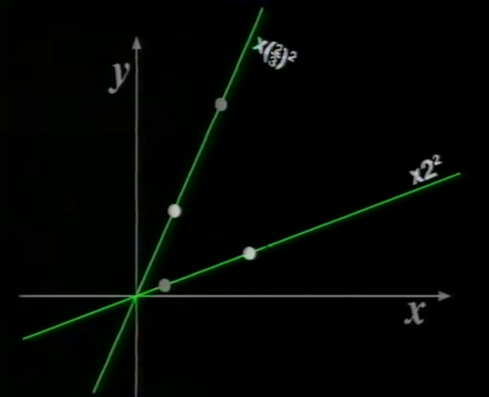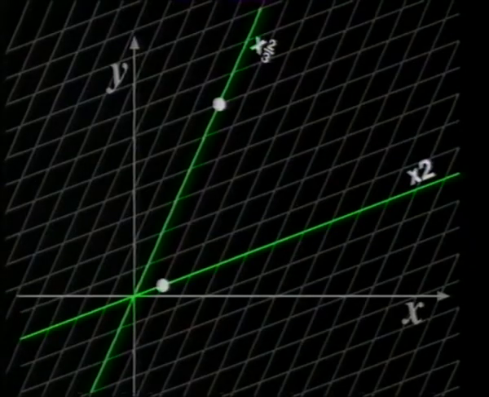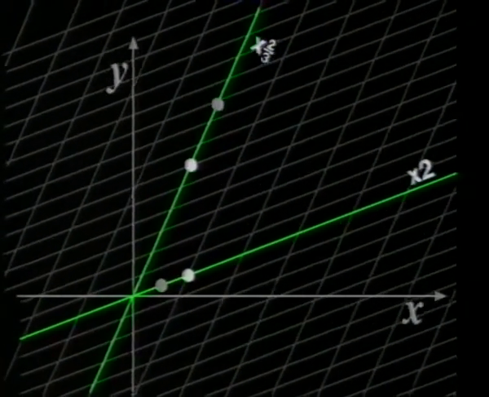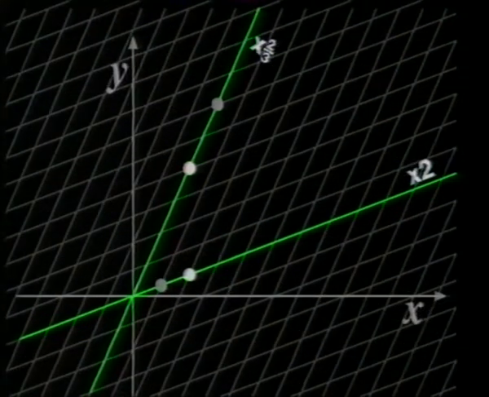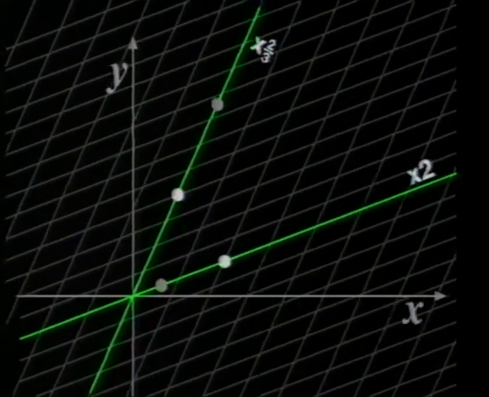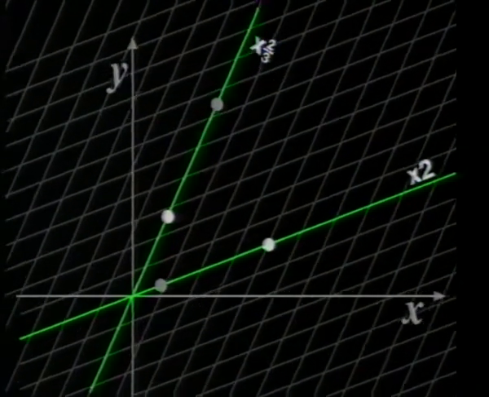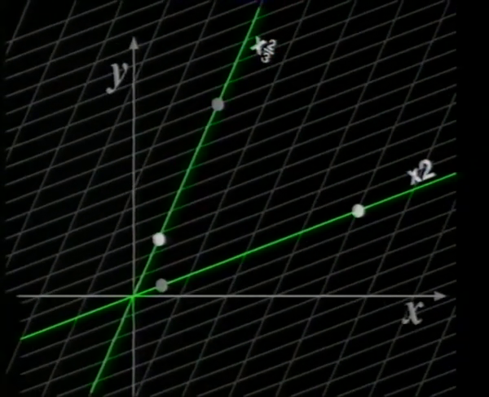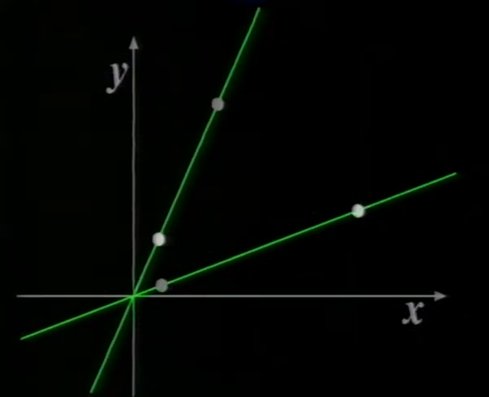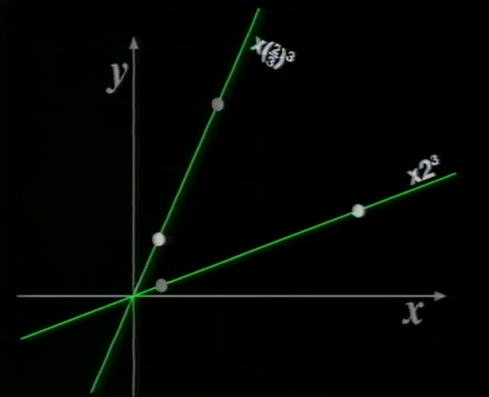The eigenvalues get squared. Now, let's look at the cube. The eigenlines are still the same, and the eigenvalues get cubed.